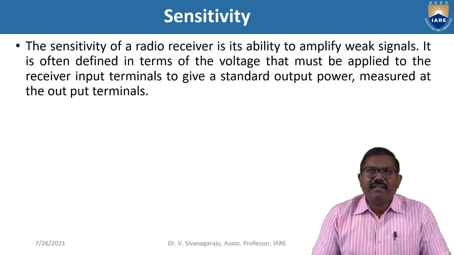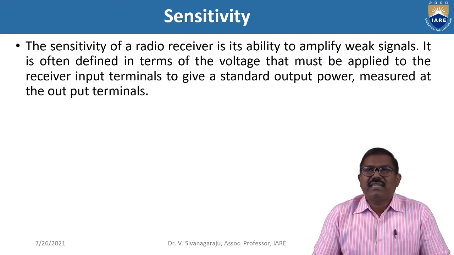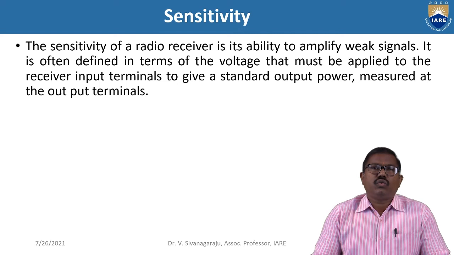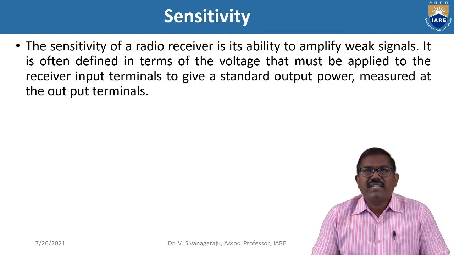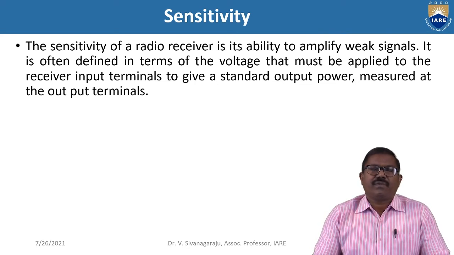It is often defined in terms of the voltage that must be applied to the receiver input terminals to give a standard output power measured at the output terminals. Okay, so this is the definition of sensitivity.